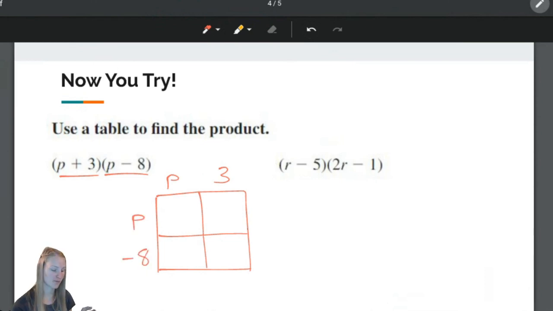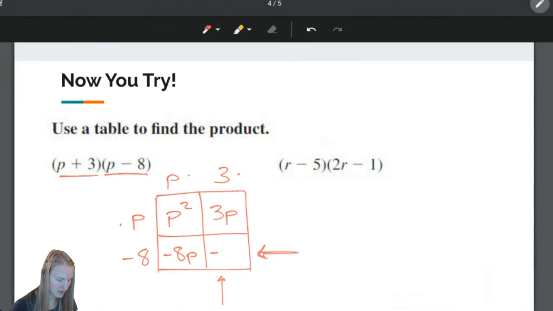When you have -8, you do need to keep the negative with the number. Okay, and now we're just going to fill in our box. p times p is p squared. p times 3 is 3p. p times -8 is -8p. And -8 times 3 is -24.